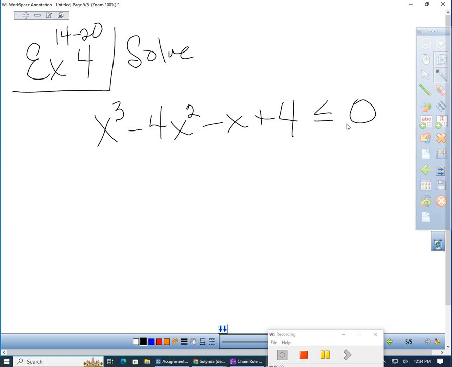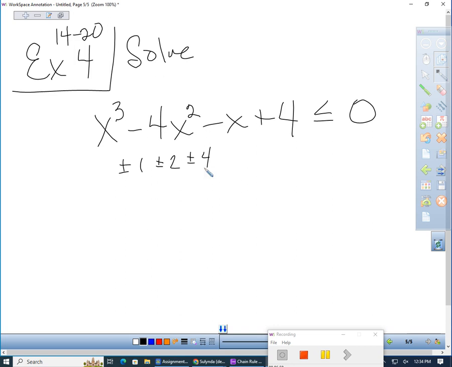But first of all, we're going to do it like we've been doing them in this chapter. Okay, so out of our factors of plus and minus 1, plus and minus 2, and plus and minus 4, which one of those gives us a 0? How do we figure that out? You can either plug them in and find out if it equals 0, or graph it.